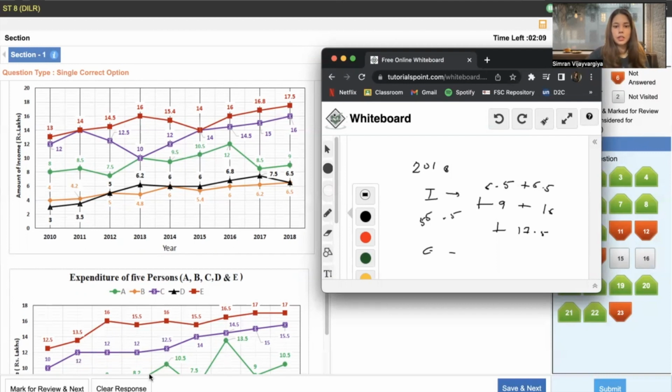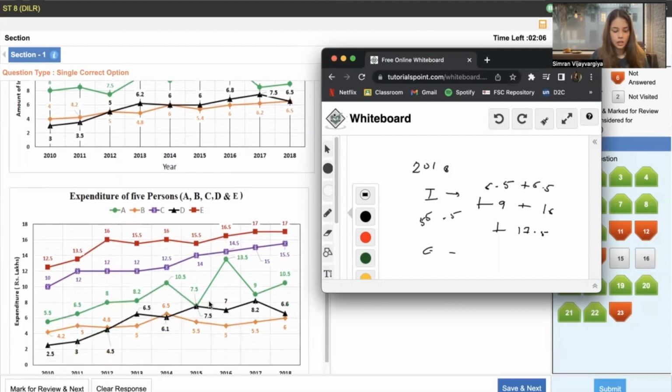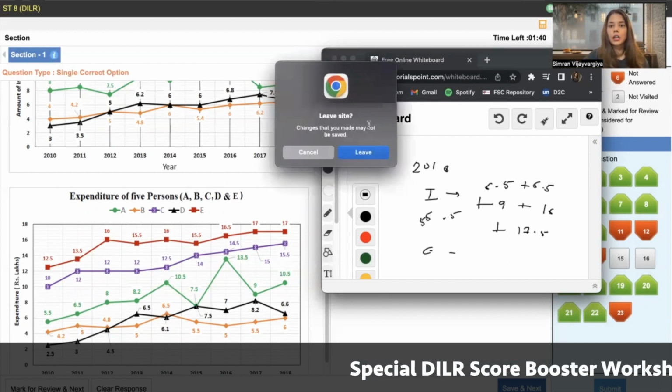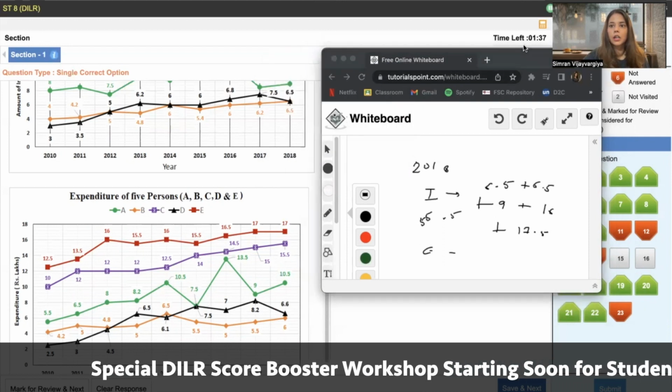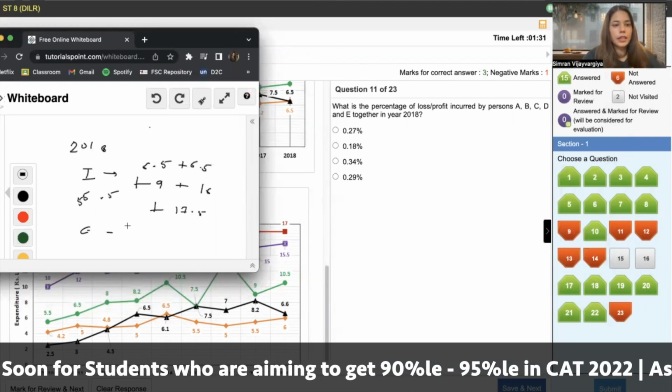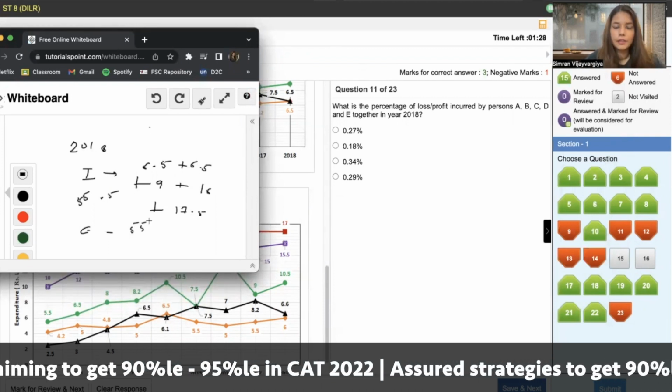And expenditure is, I'm going to hurry up a little and not write details of each. 17 plus 15.5 plus 10.5 plus 6.6 plus 6. So 55.6, which is 0.1 more than the income.